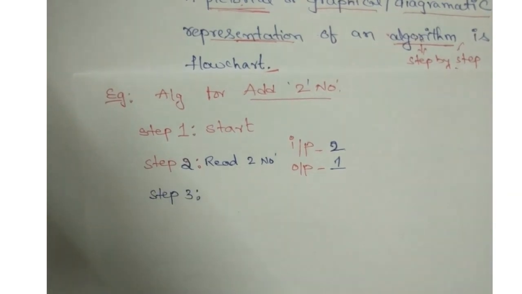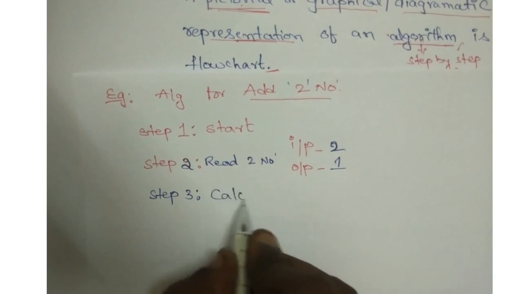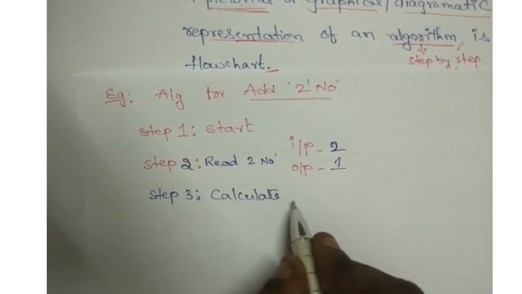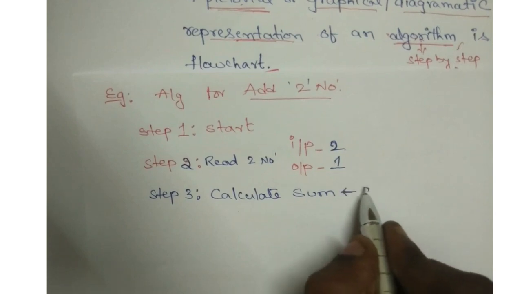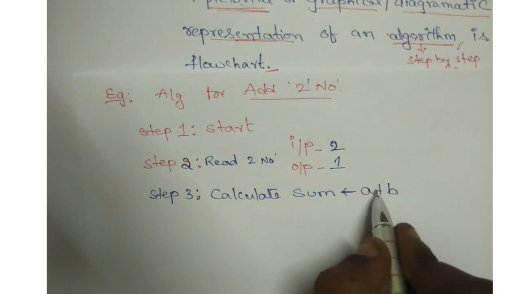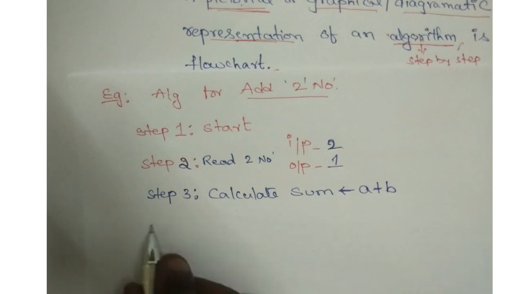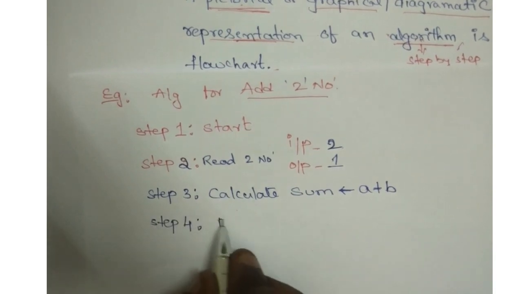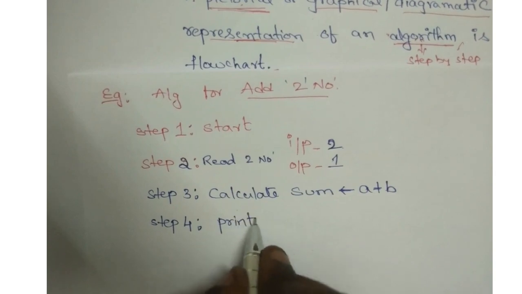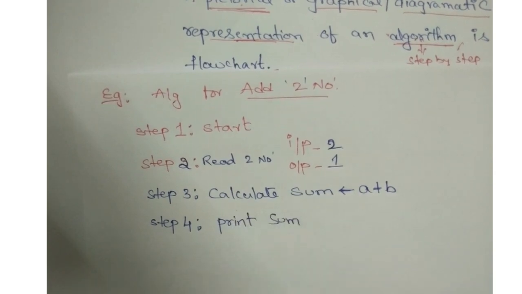If I know the two inputs, now I want to calculate the sum, where sum is assigned the value of A plus B. Clear? After that I have to display, otherwise I have to print the sum which I calculated. And the final step, the 5th step, I have to stop my algorithm.